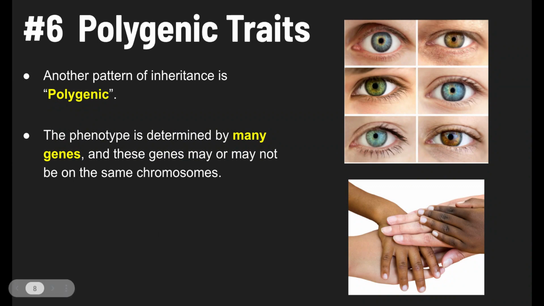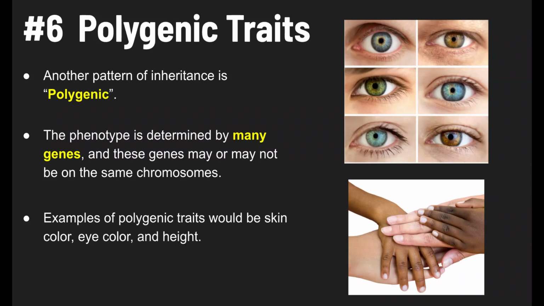So in humans, we have a total of 46 chromosomes, 23 pairs of chromosomes. And with polygenic traits, genes from different chromosomes can work together to produce this trait. And examples of polygenic traits would be your skin color, your eye color, and your height.